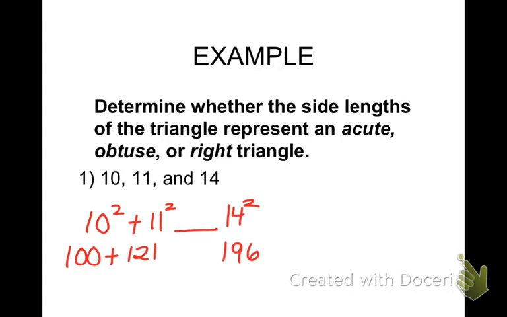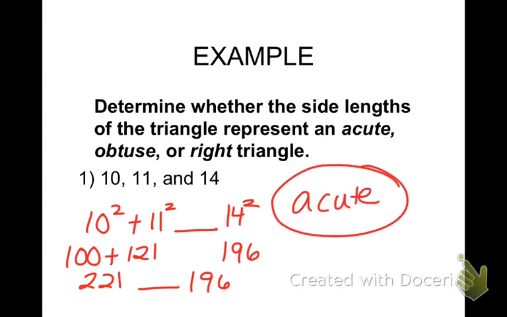Adding the left side gets me 221. Is it a right triangle? No. So which would it be? My c squared is 196. Is it smaller or larger than my a squared plus b squared? It's smaller, which means it's going to be acute.